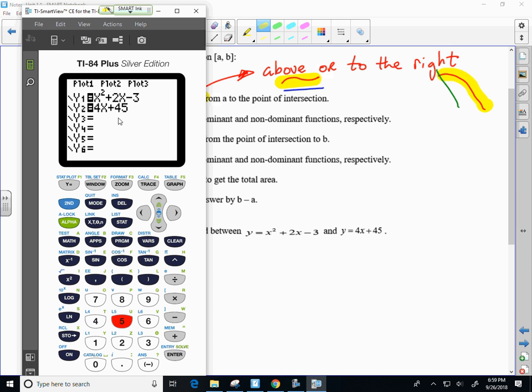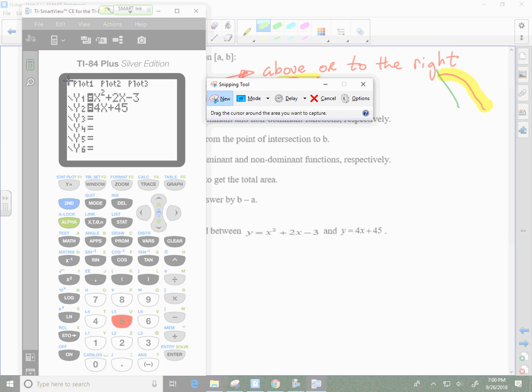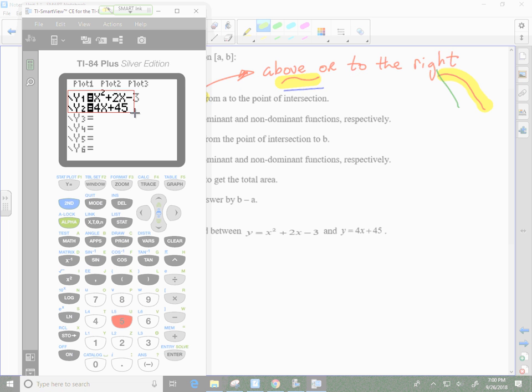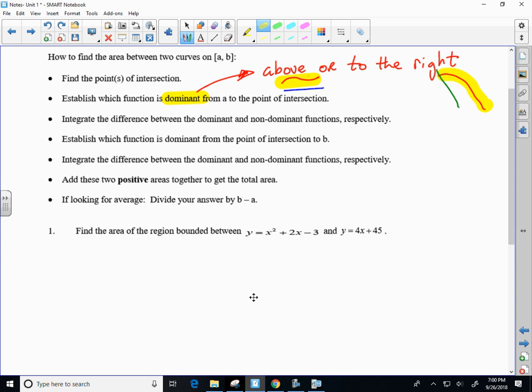All right, so we have our two equations in. We know we have a little bit of an issue here, just in terms of domain and range, even. This is pretty big, and it's increasing.